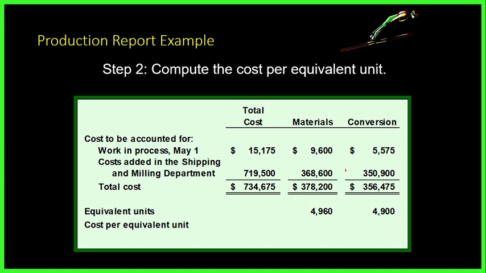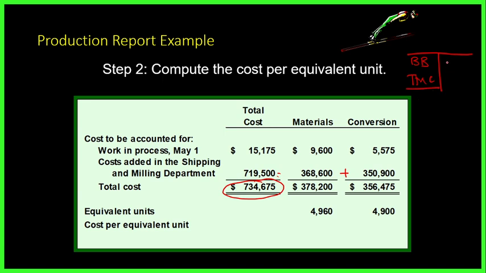Okay po. If you total that, you will get this. So this is your total cost to be accounted for. Where does that come from? If you go to your work in process, your total cost to be accounted for is actually the total of the beginning balance and your total manufacturing cost, also known as your total cost placed in process.